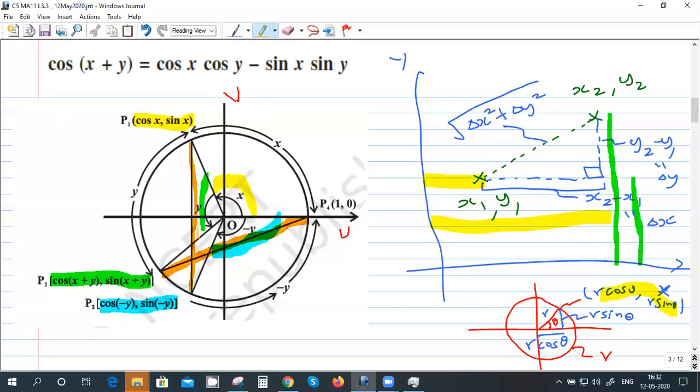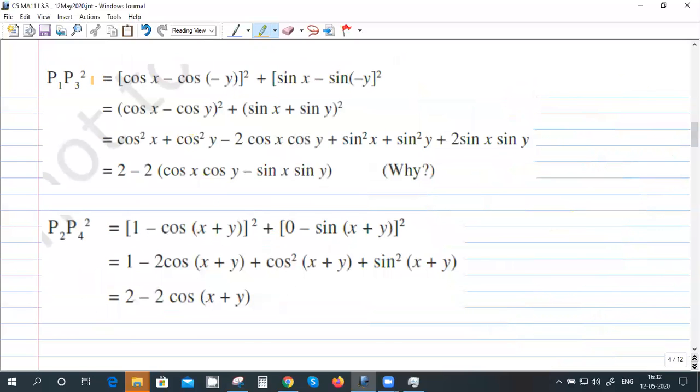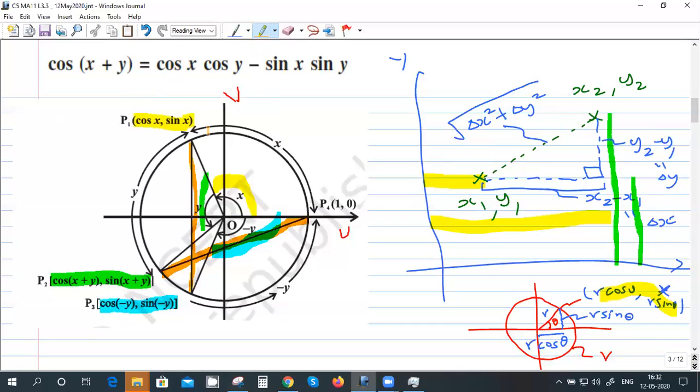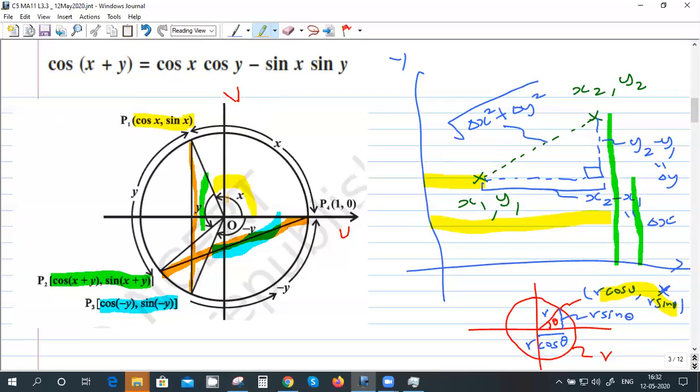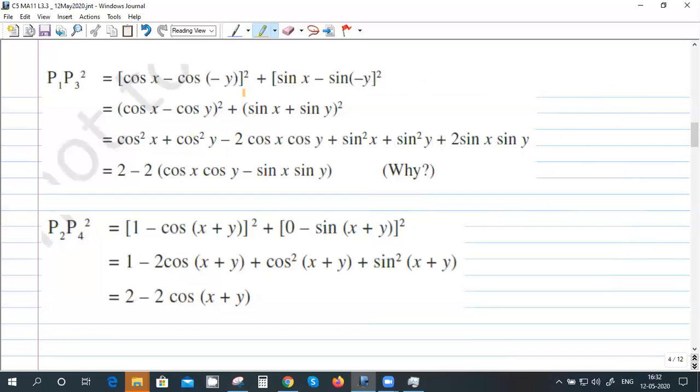The square of this length, by the distance formula, is the x coordinate difference, delta x, that is cos x minus cos of minus y, squared, plus sin x minus sin of minus y, squared.